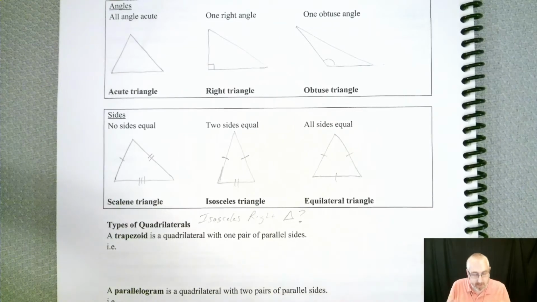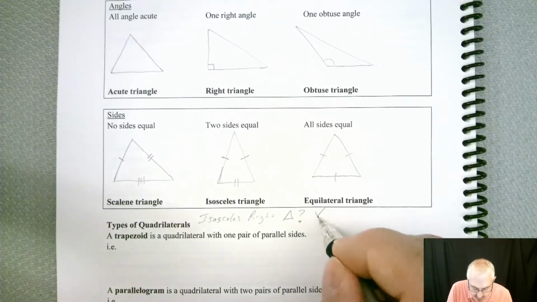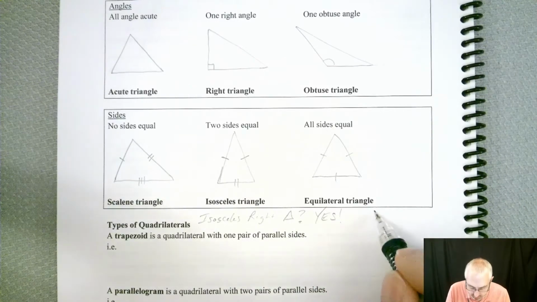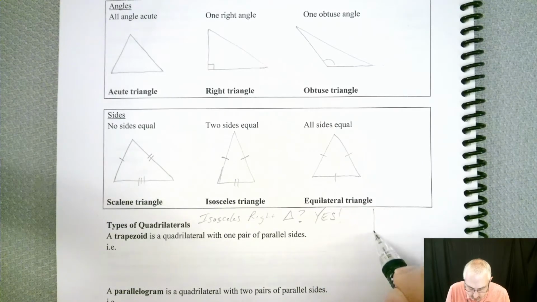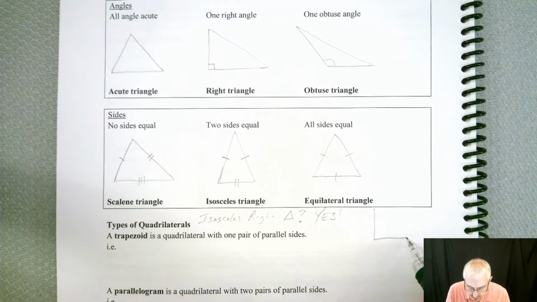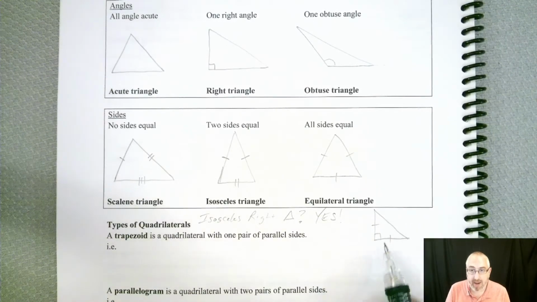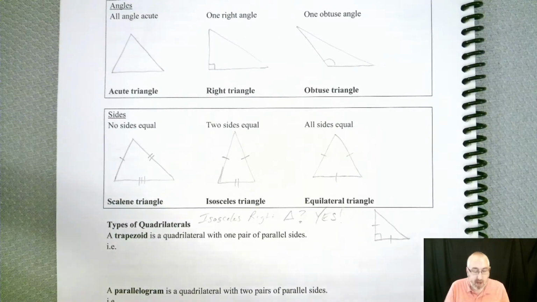If you've been thinking about it, there is a way to make that happen. It would be if you have your right angle in there, and then you have these two sides be the same. So you've got your right angle and it's isosceles as well. So you can have some combinations of these two descriptions. Not always, but a lot of times you can. So that's just an example of that.